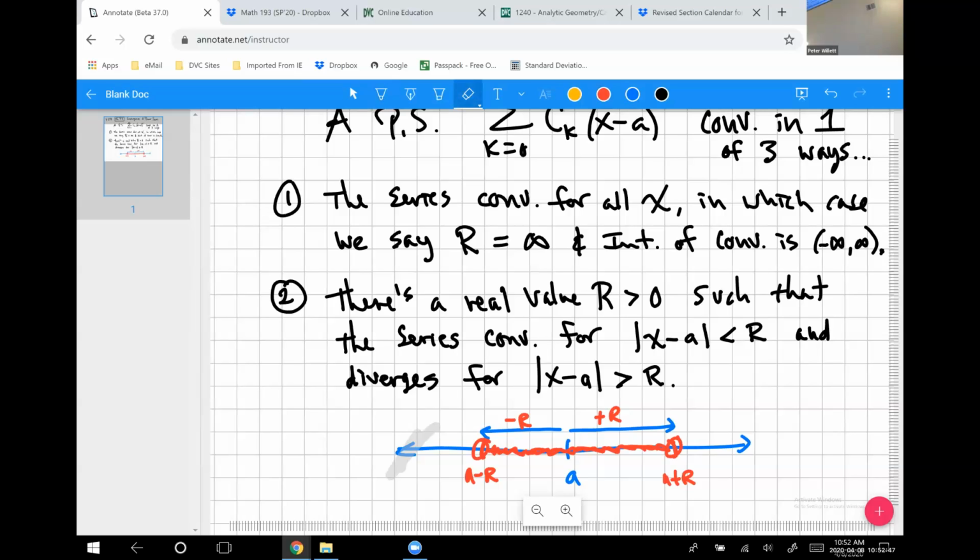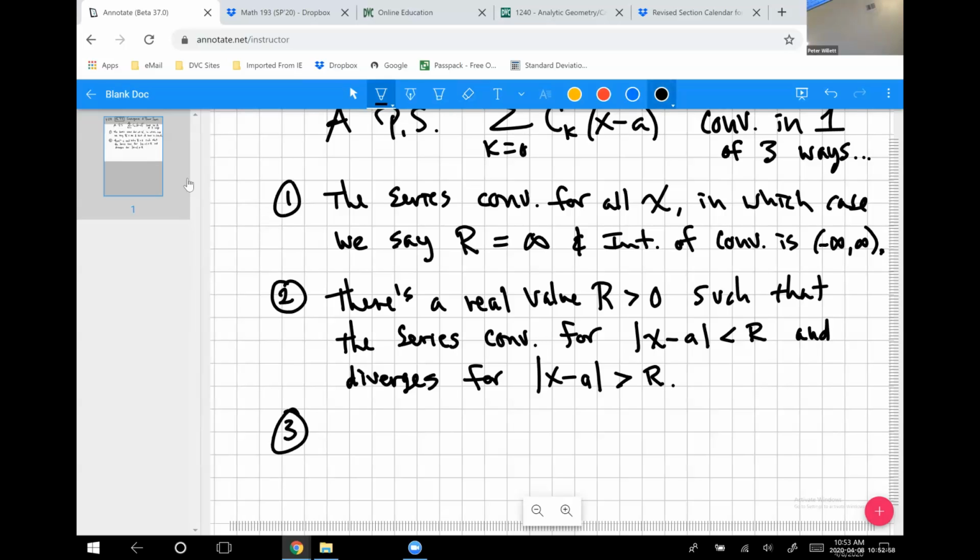So this is the second possible way that a series might converge, by having this finite r value, the radius of convergence. And the only other possibility, the third way, is that the series only converges at x equals a.